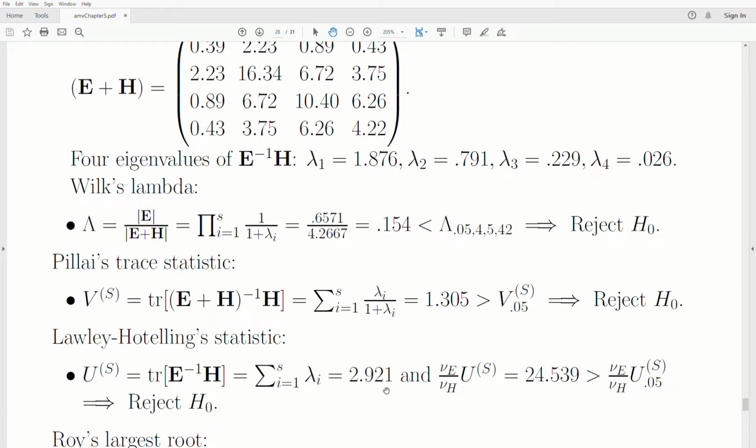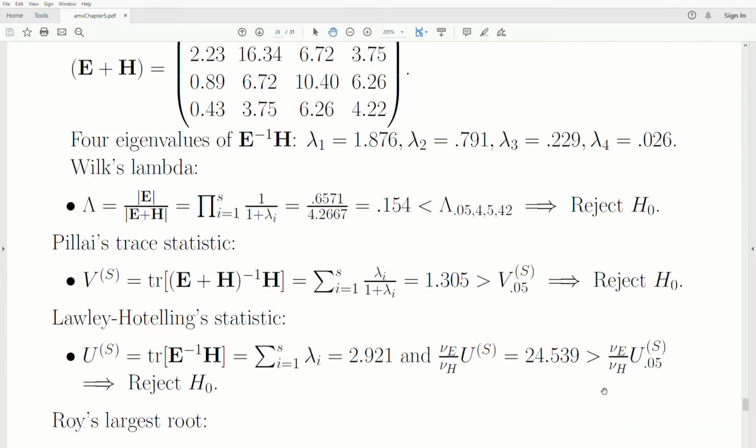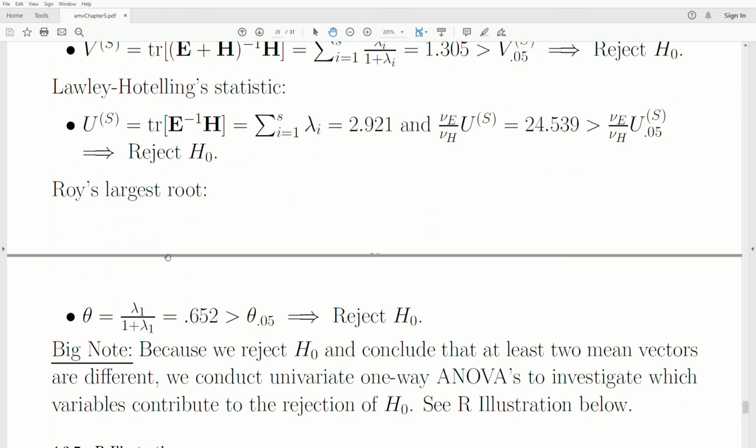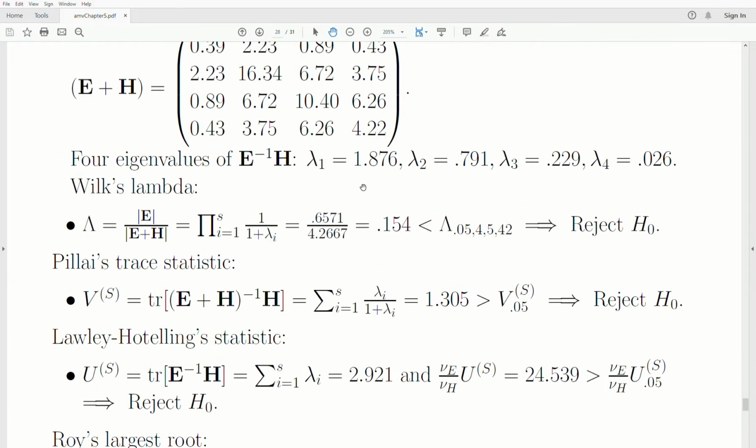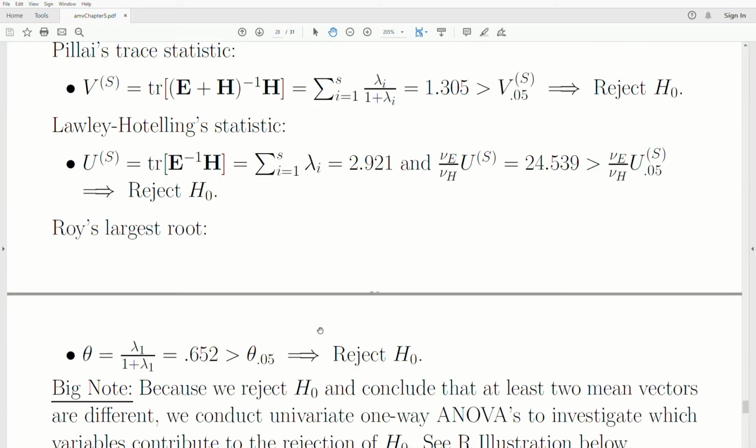That's 2.9, and when you transform it by the degrees of freedom associated with E and the degrees of freedom associated with H, it becomes 24.539, which is greater than its respective cutoff value. So we reject. Now, Roy's largest root test, we just take the largest value, which was 1.876, and then divide it by 1 plus that same value, and we get 0.652, and it's also greater than its cutoff value, so we reject.